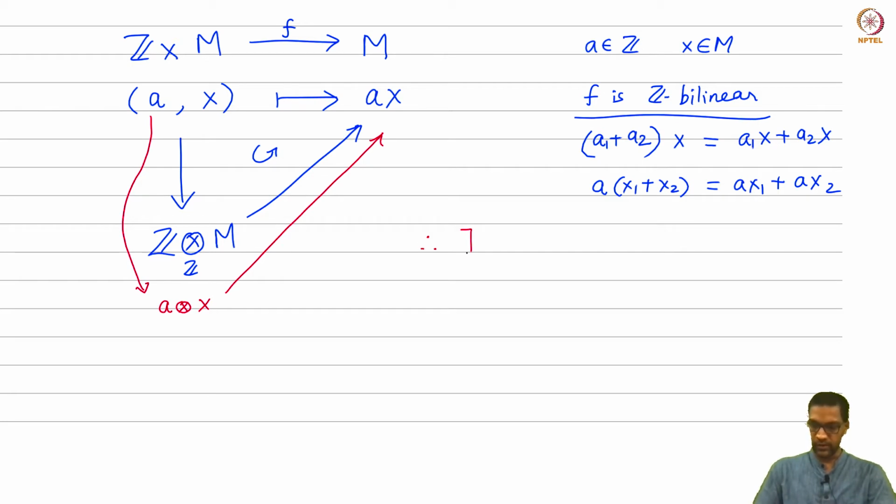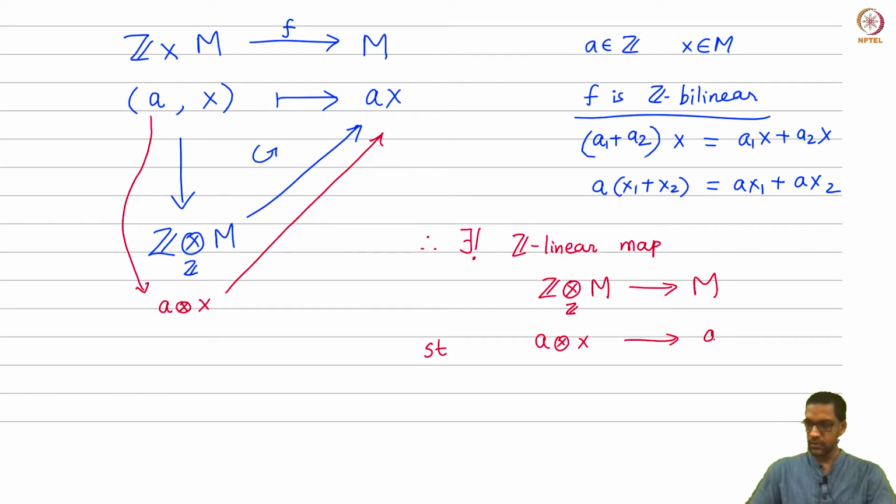Therefore, we have concluded there exists a unique Z linear map which takes A tensor x to Ax.